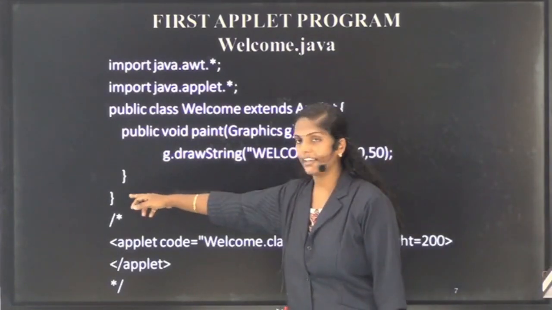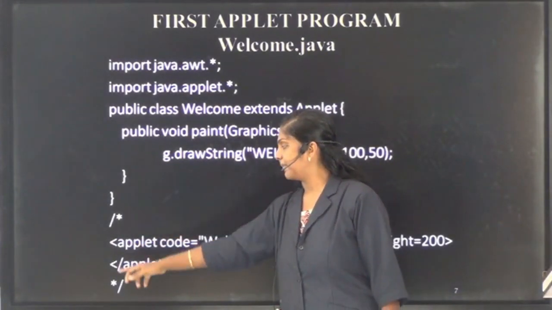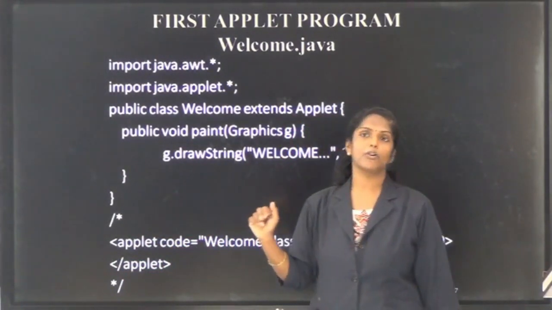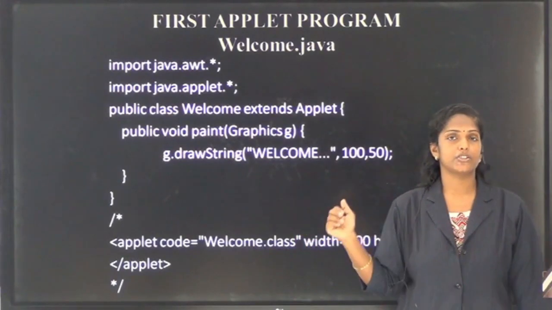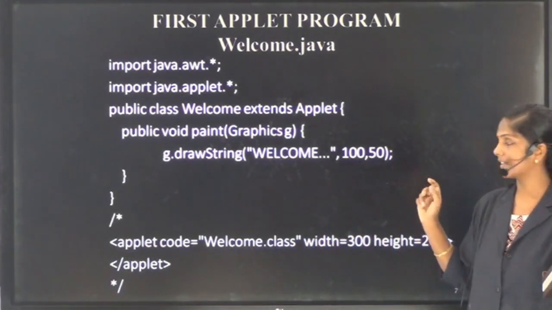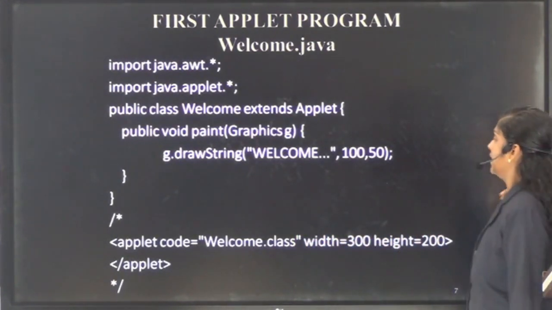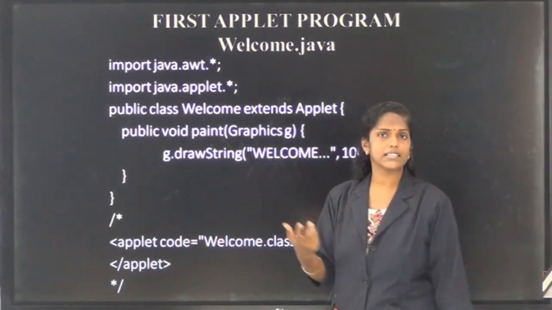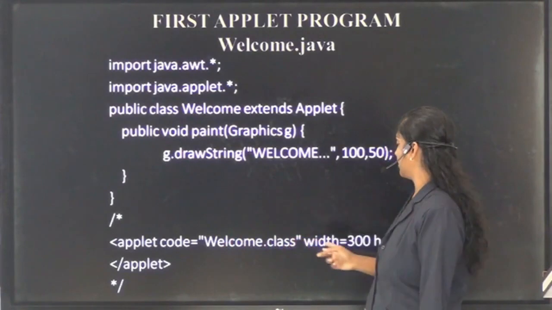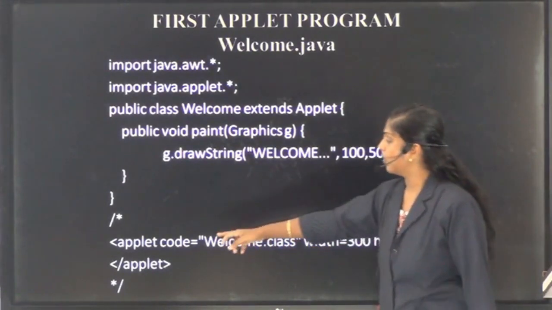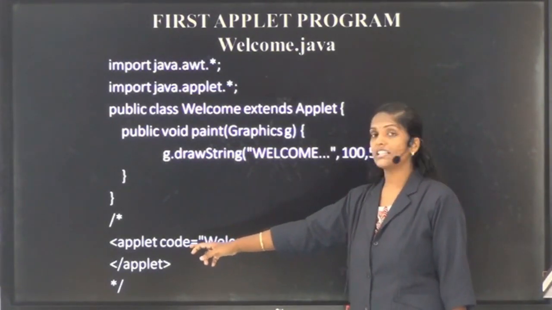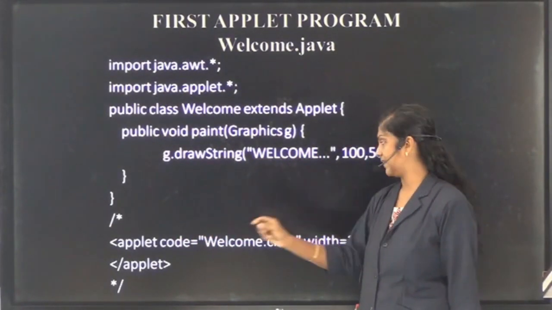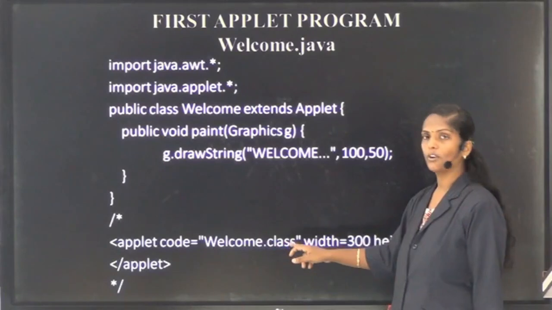So this is the end of the class, and you can see a piece of code that is commented. This is the tag used for embedding our Java class file into HTML code. The applet tag consists of various attributes, and 3 of them are specified here. The code attribute is where we specify the name of the class that we want to embed: code equal to welcome.class.